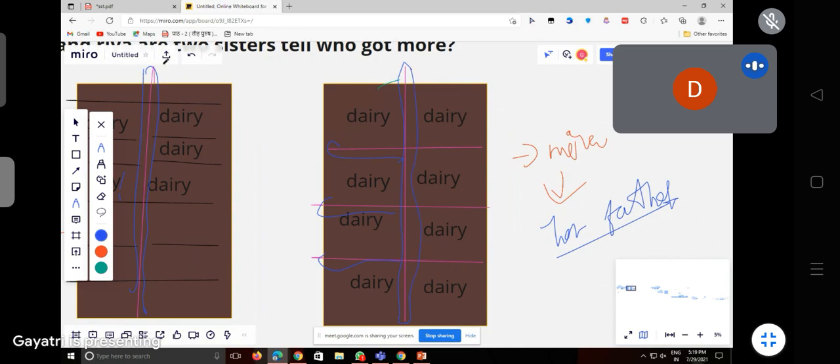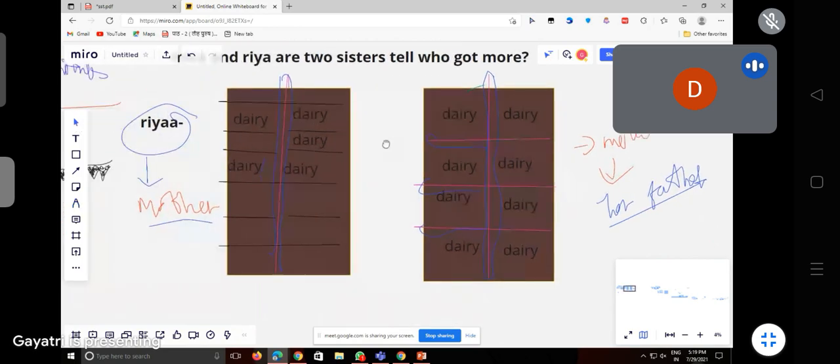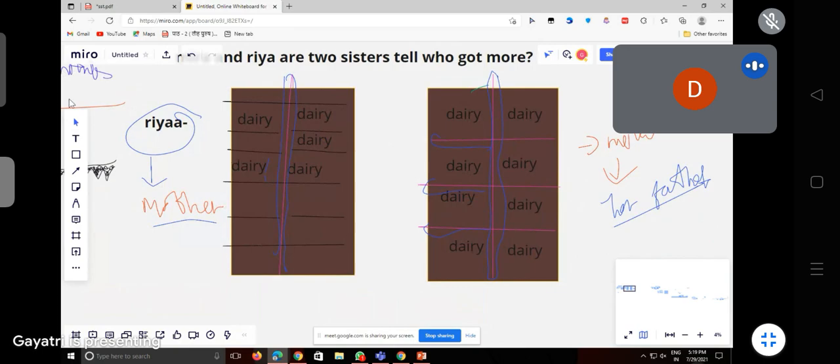So now let's go back and zoom out. Now we have more dividers in Meera's, we know, but look, we are giving this a half of the part.